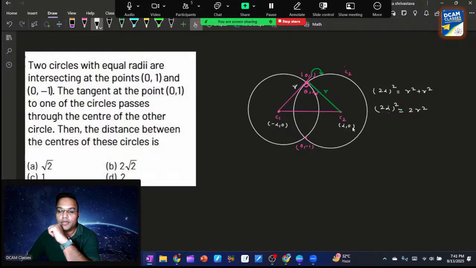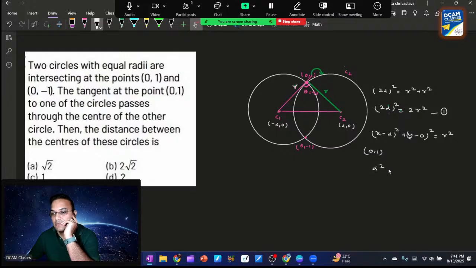One more condition you can use here, Priya. This is one condition you have got. The other condition that you can use is that 0, 1 lies on the first circle, any circle that you can use. X minus alpha whole square plus y minus 0 whole square is equal to r square. 0, 1 lies on it.